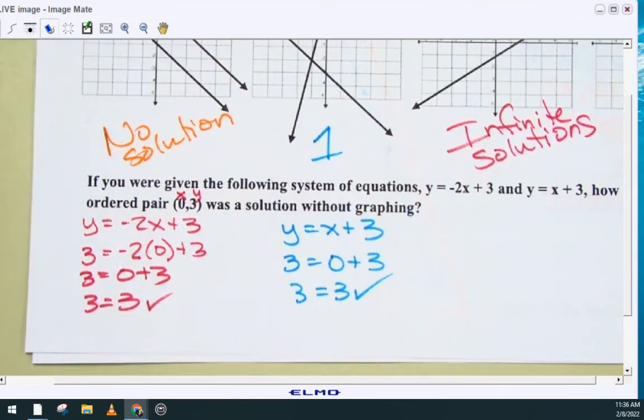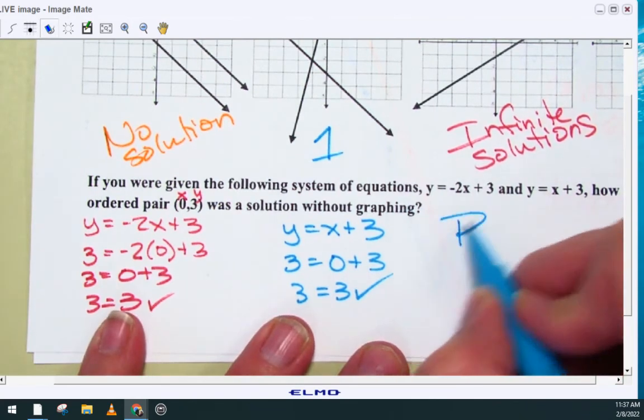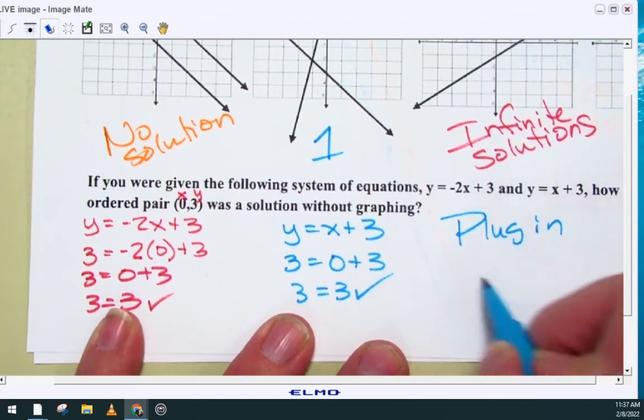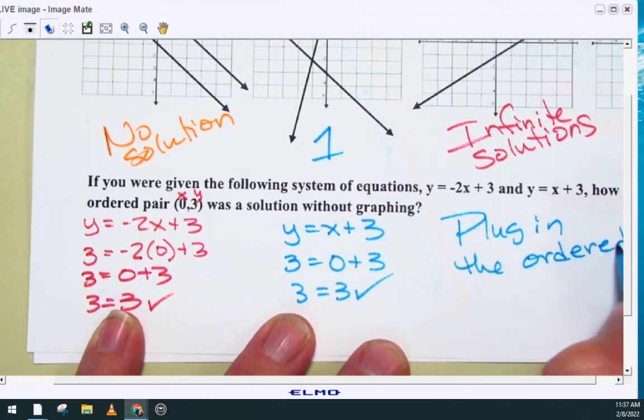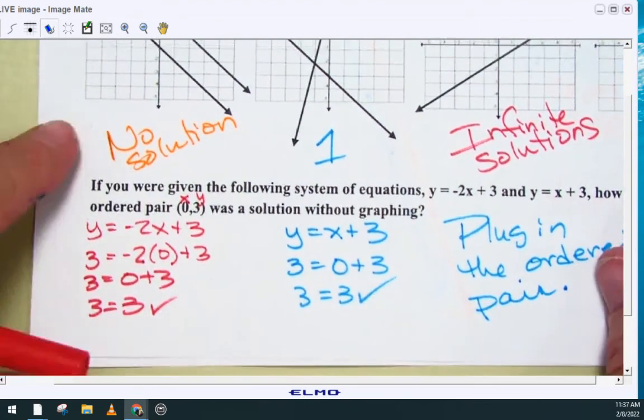It worked for both of them. And so it is a solution. So how could you tell? Plug in the ordered pair. That's how you would do it.